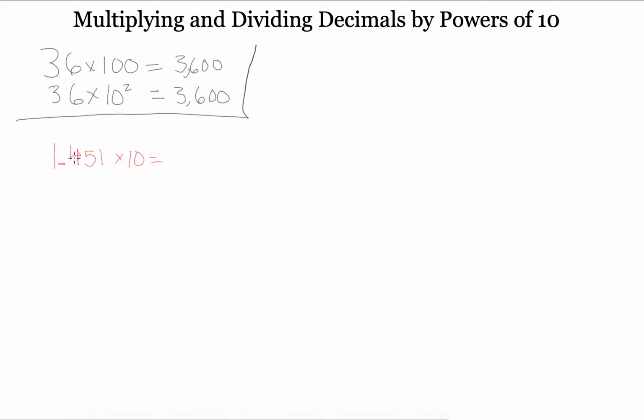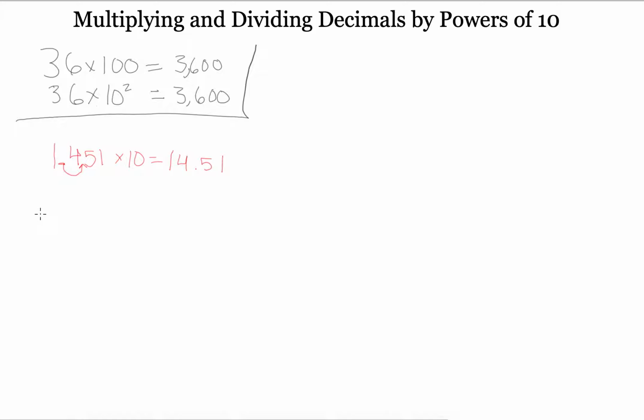We're moving everything one place value over. So this number is getting one place value bigger because 10 represents one place value. So what we're really doing here is just moving this decimal place one to the right. So this number, 1.451, would really turn into 14.51. So all I did was move the decimal place 1 to the right because I was multiplying it by 10.